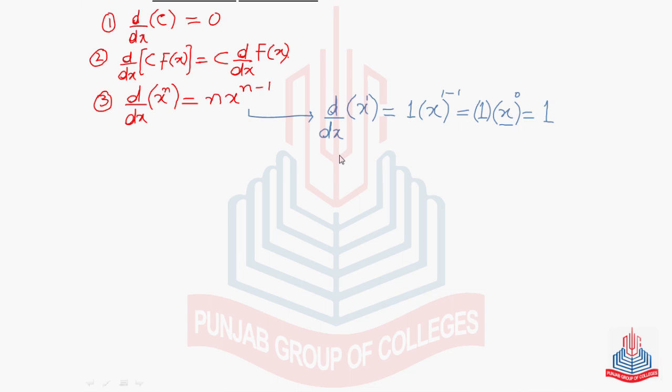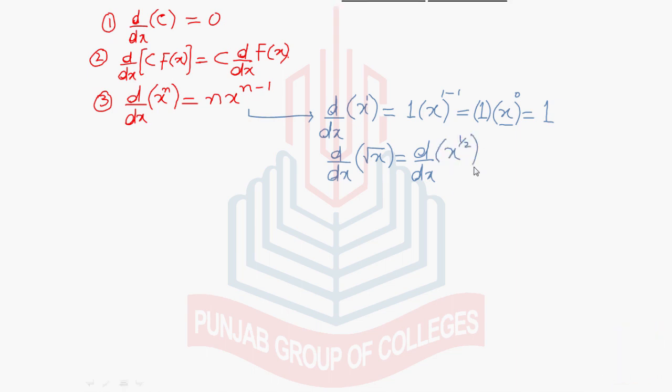And similarly, we can differentiate another very common function, square root of x. Here that is equal to d by dx of x raised to the power 1 by 2. By using the power formula, 1 by 2 x to the power 1 by 2 minus 1.